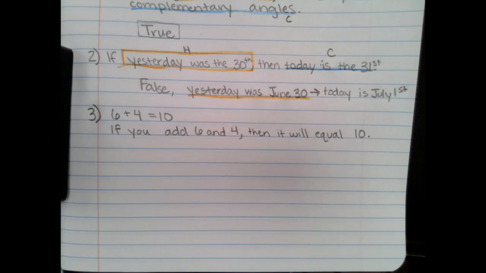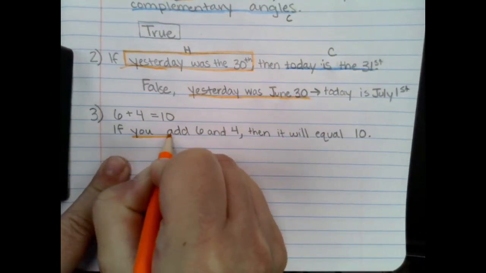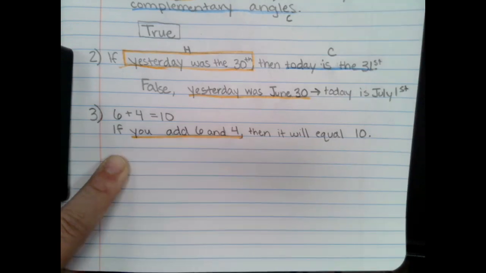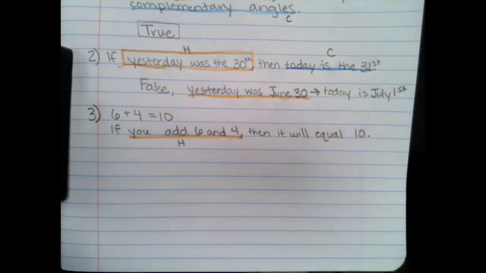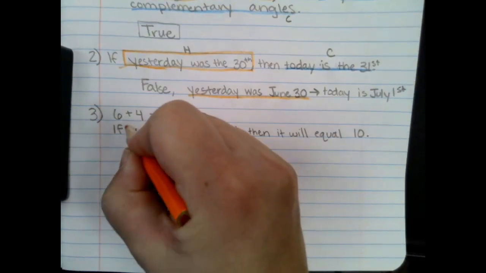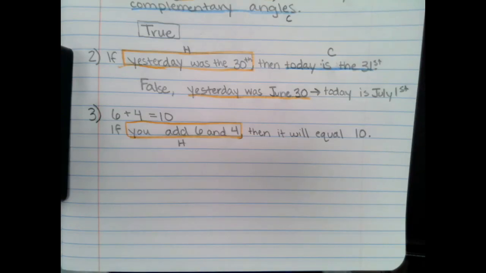All right, so what is our hypothesis? What's our first part? We add what? 6 and 4. So there's our hypothesis. So we add 6 and 4, then what?